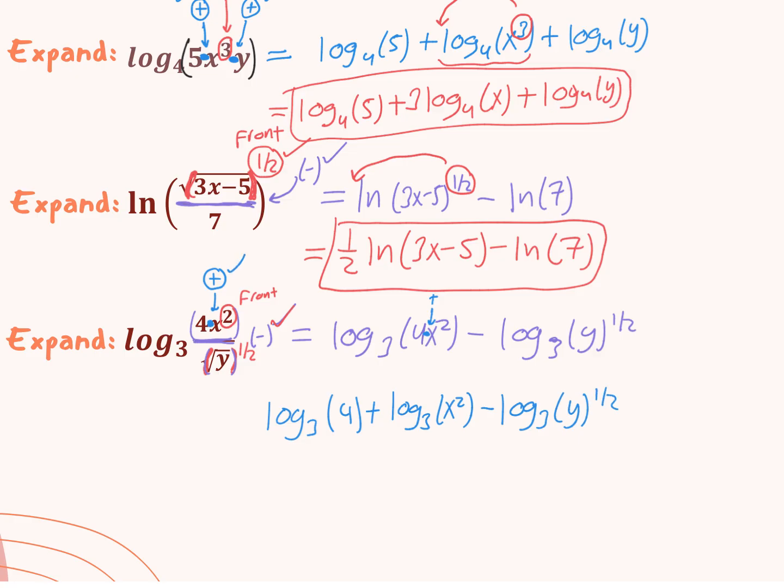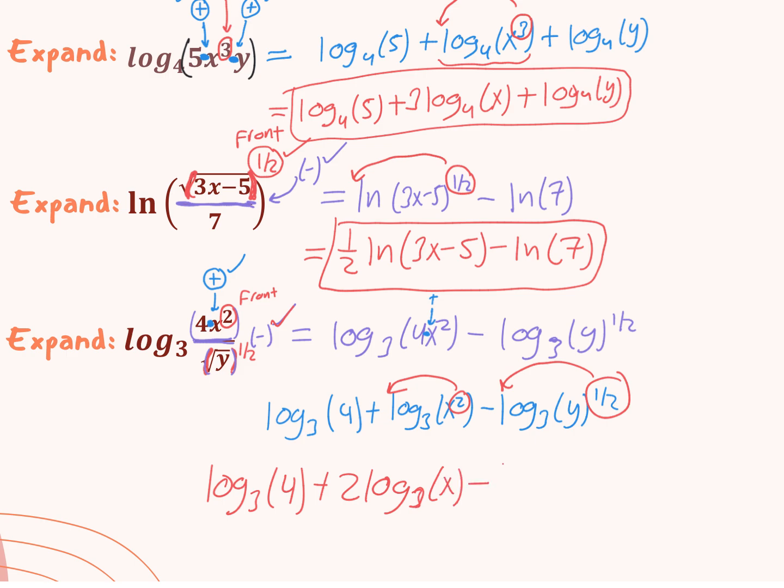All right, and then I want to move these two numbers out front. So I'm going to move the 2 out front and the 1/2 out front, and that's going to give us log base 3 of 4 plus 2 log base 3 of x minus 1/2 log base 3 of y. All right, and then that is my final answer.